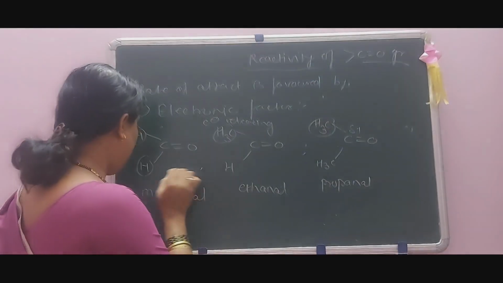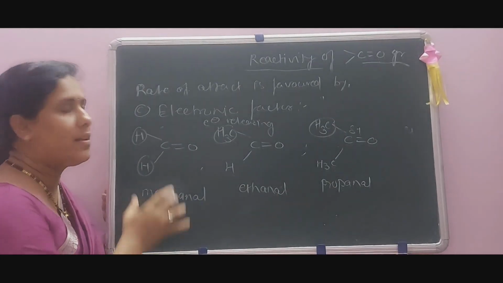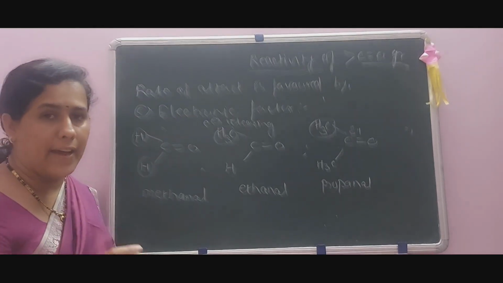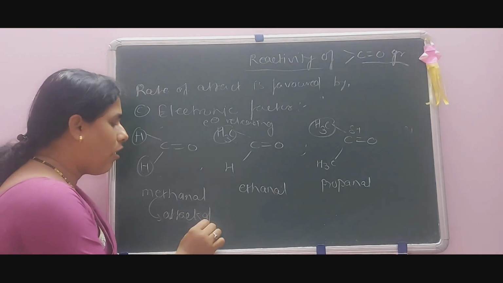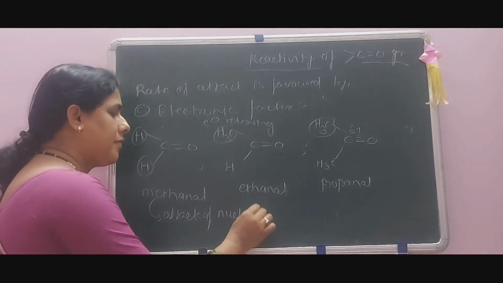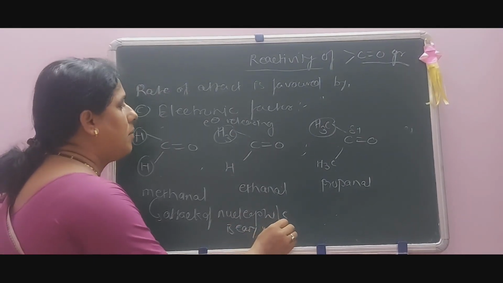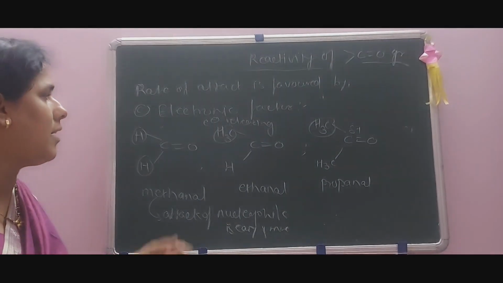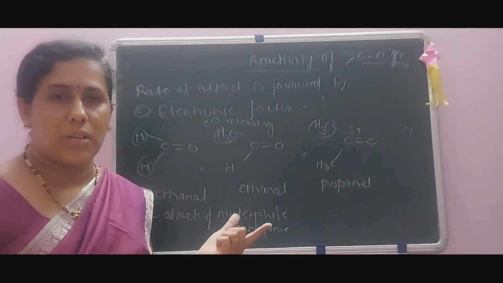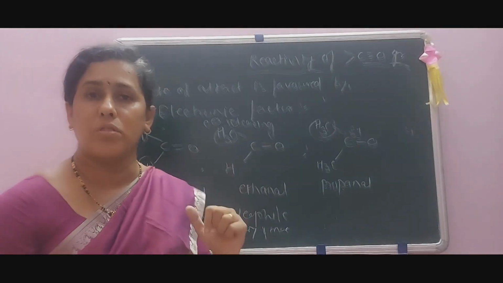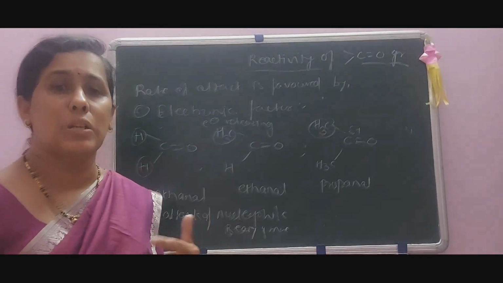In methanol there is no bulky group present. It is open for nucleophilic attack. Therefore, in methanol the attack of a nucleophile is easy and more. But in ethanol and propanol, bulkier groups are present. Therefore, they diminish the attack of the nucleophile on the positive carbon atom of the carbonyl group. Thus, the effect of the nucleophile gets lowered.